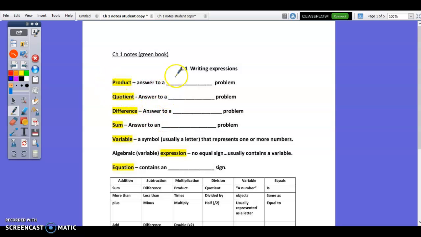Product is the answer to a multiplication problem. So anytime you times a number by a number, that answer is the product of that. A quotient is the answer to a division problem. Difference is the answer to a subtraction problem.